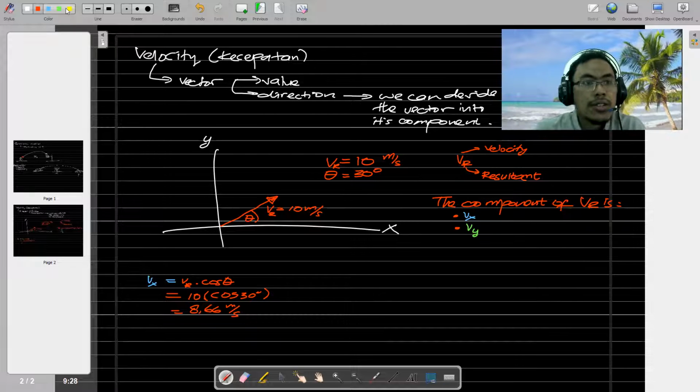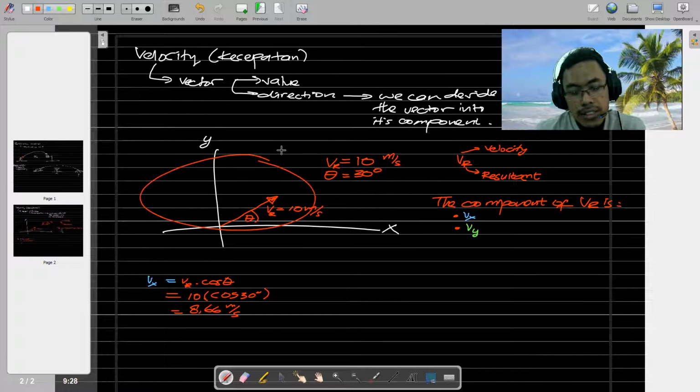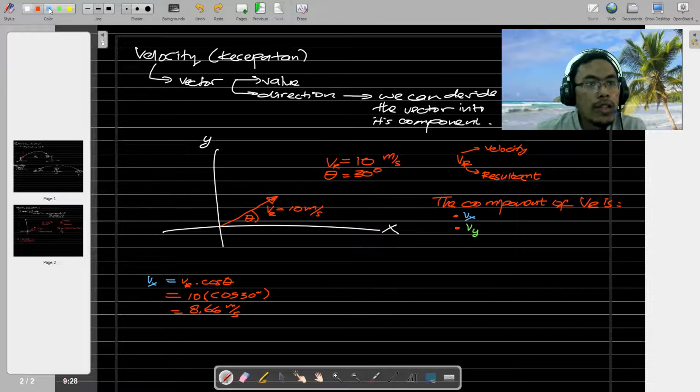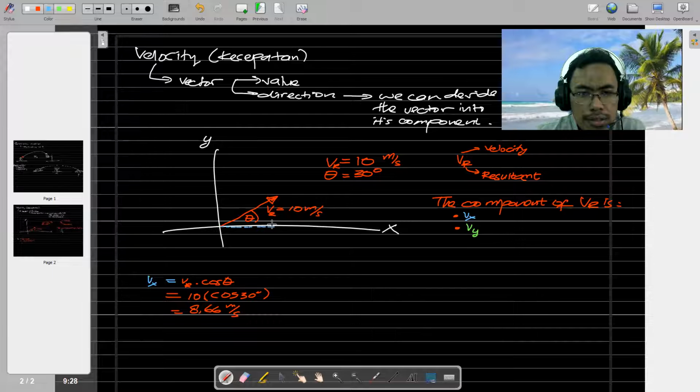So if I draw this onto the coordinate axis, then I will have something like this.